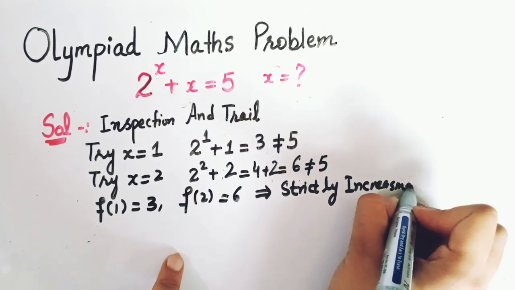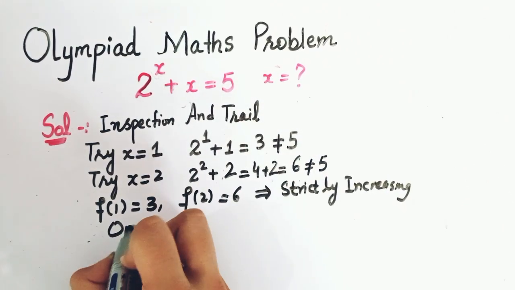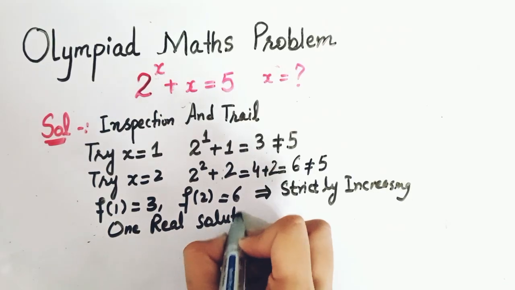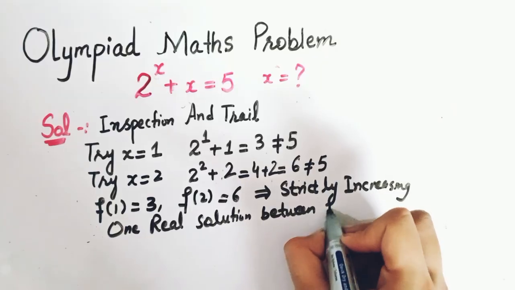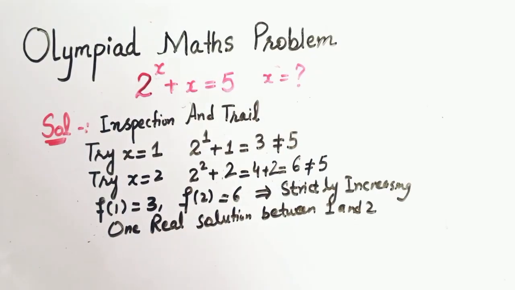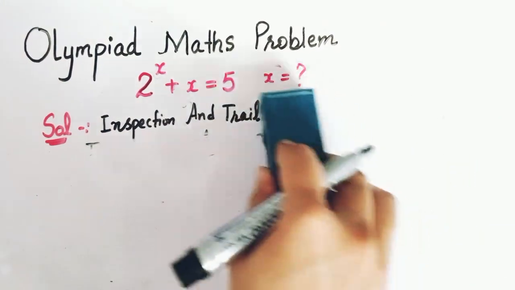So there is exactly one unique real solution between 1 and 2. So we will now solve this by exact numerical approximation or using iteration methods.